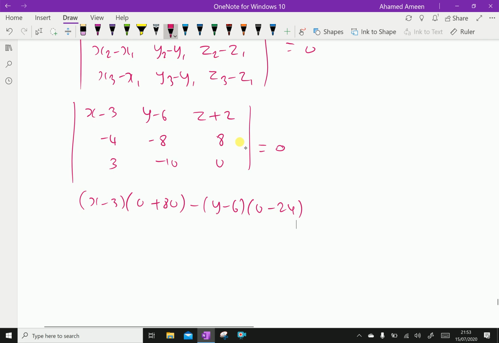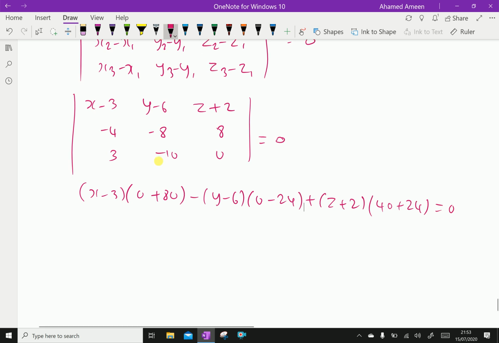Then next is plus z plus 2 times (40 plus 24) equals 0. So we have 80x minus 240, plus 24y minus 144, because plus 6 into 24.